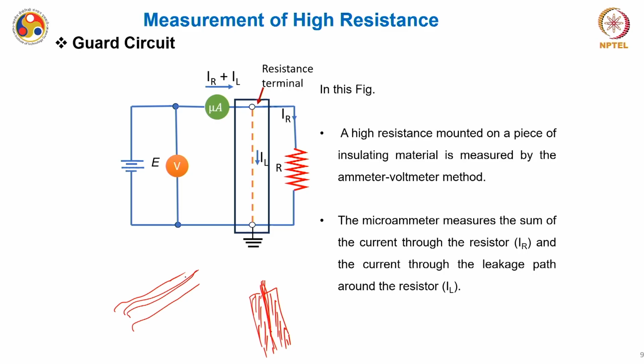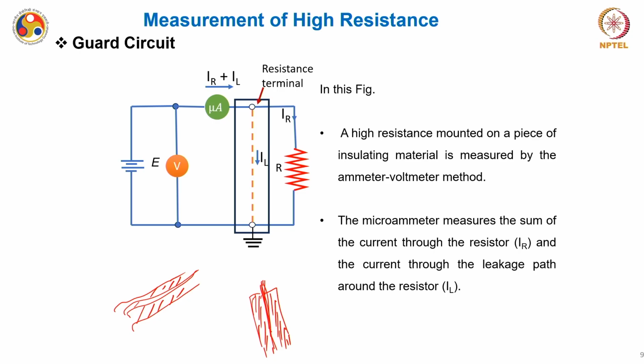Say this is the wire, and on top of it, sometimes it comes in red, black, and if there are two different wires, they will be entangled. Now let's see what happens if I am trying to measure a high resistance using the voltmeter-ammeter method that we have seen earlier.